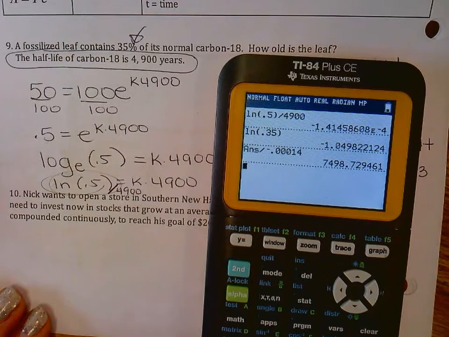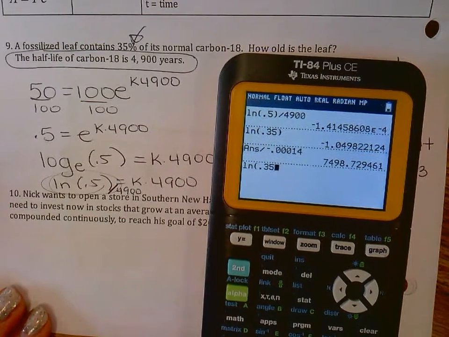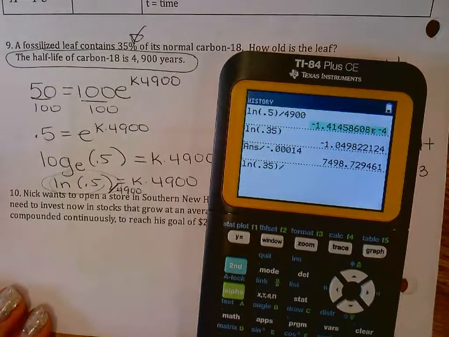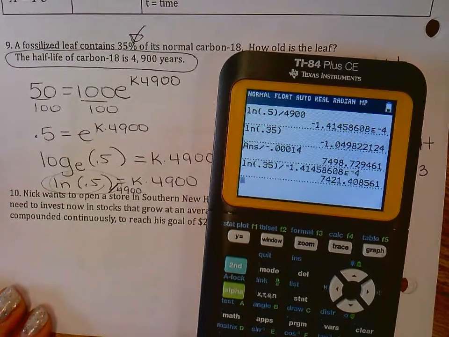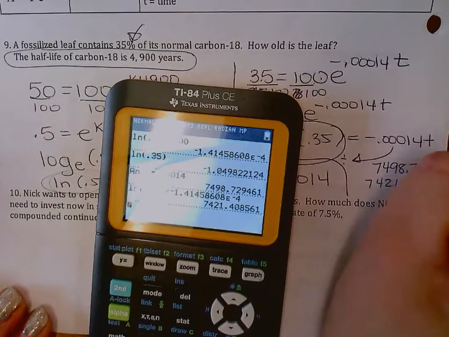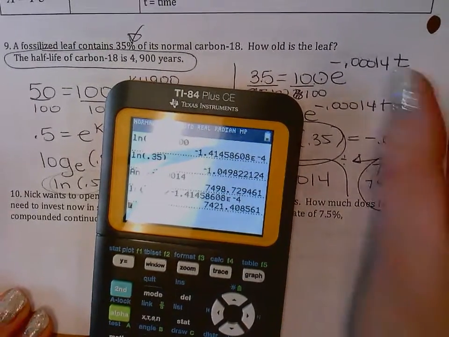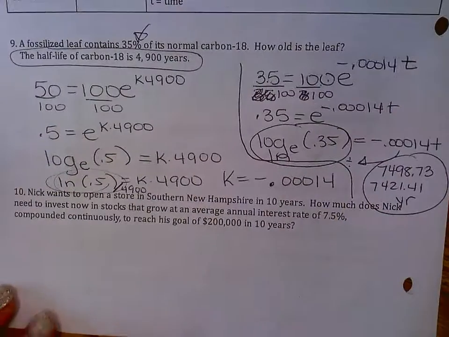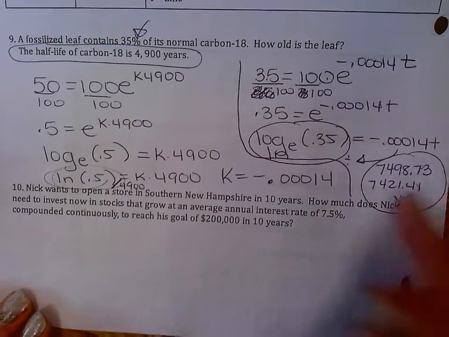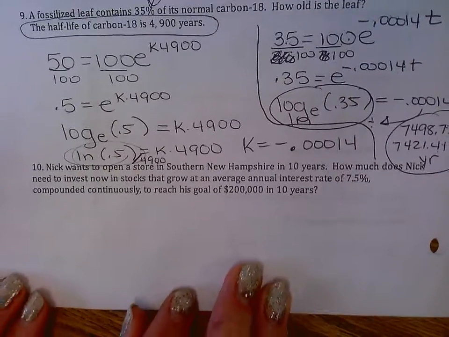I'm going to show you the unrounded answer. So natural log of 0.35 divided by the whole decimal, 7421.742141 years. So depending on what you round to, I would accept either of these answers because you're going to show me your K value. So I'll know what you did and how you rounded.